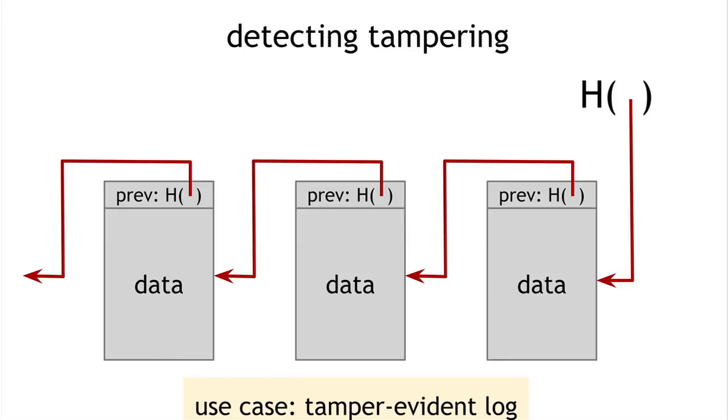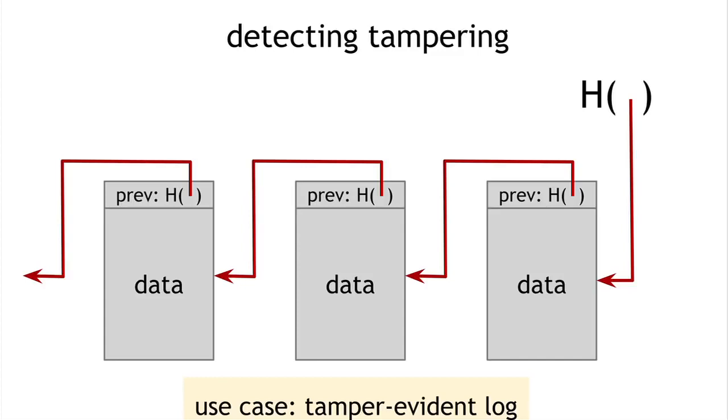Just like a regular linked list where you have a series of blocks, and each block has data, as well as a pointer to the previous block in the list, here the previous block pointer will be replaced with a hash pointer. So it says where it is and what the value of this entire previous block was. And we're going to remember the head of the list like this, just as a regular hash pointer.